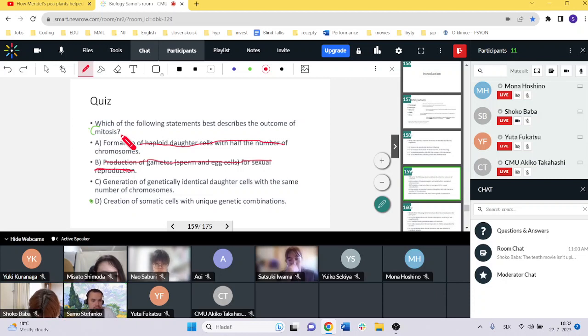Now, who thinks C? Who thinks D? Misato went for D, someone else went for C. So guys, what are your arguments? Why do you think D or C is correct? Anyone?